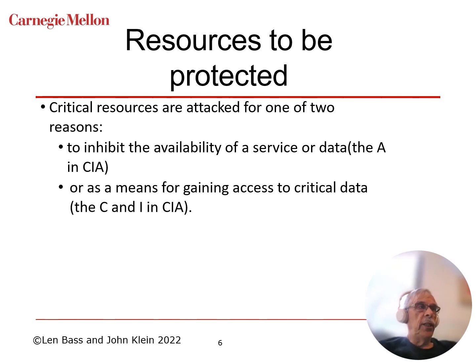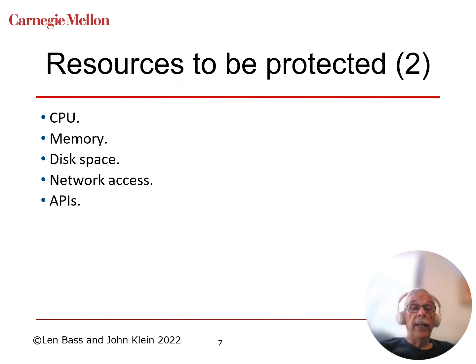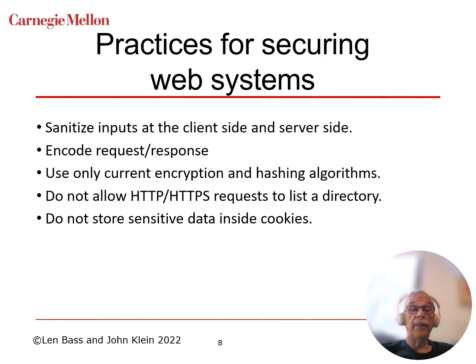The other reason is if somebody accesses some resource they're not entitled to, there's a possibility that they could then gain control of your system in a wide variety of different ways. So what kind of resources do you want to protect? Well, the obvious ones: CPU, memory, disk space, and network access, but also APIs. One of the discussion questions is why APIs? So I won't answer that.